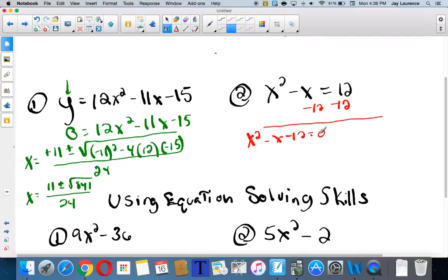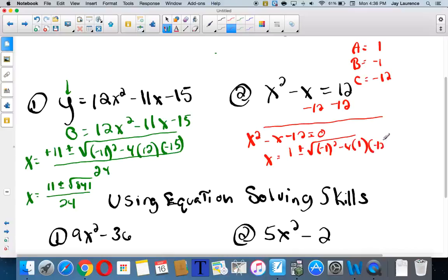And so A, B, and C: 1, negative 1, negative 12. All right, so x equals negative b plus or minus the square root of b squared minus 4ac.